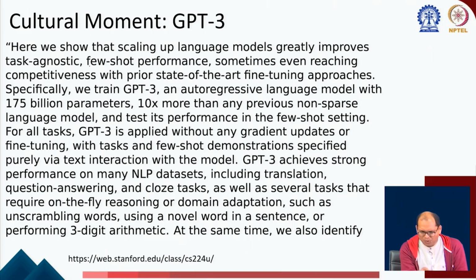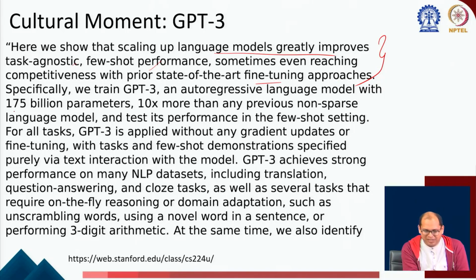What this showed is that you can scale up the language model, and it helps it achieve some task-agnostic few shot performance. Sometimes it was reaching competitive performance with the state-of-the-art fine tuning approaches, and that was what was shocking. Just by using this few shot in-context learning, you could do as well as fine tuning on data sets.